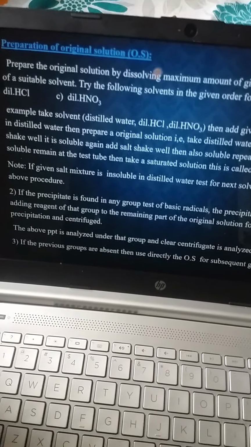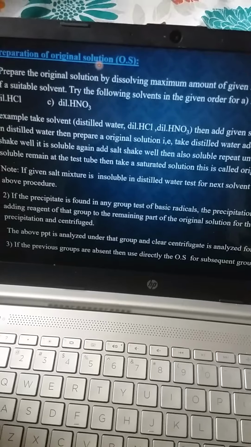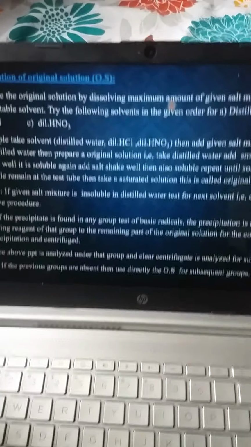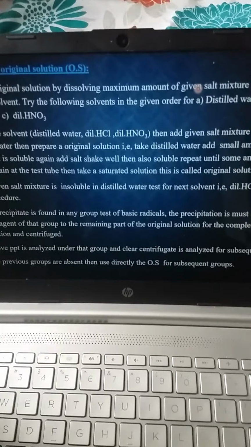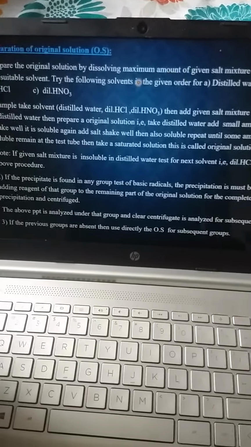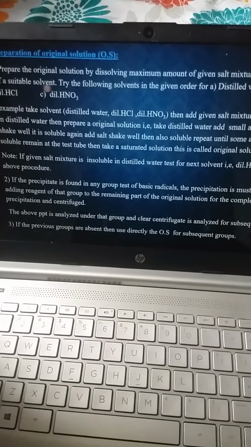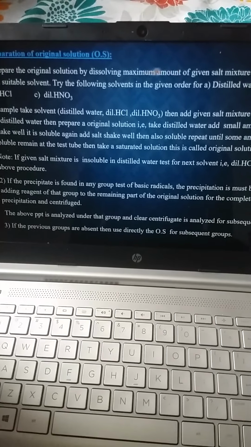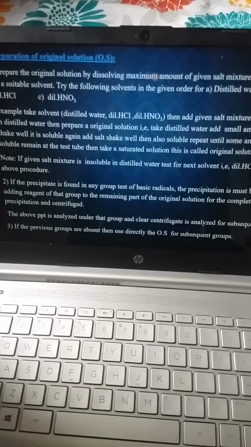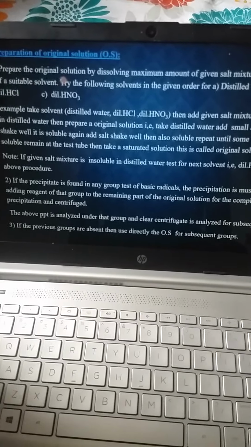So how do you prepare the original solution? Prepare it by dissolving the maximum amount of the given salt mixture in about 2.5 ml of a suitable solvent. That means you take the given salt mixture and dissolve it in a suitable solvent.